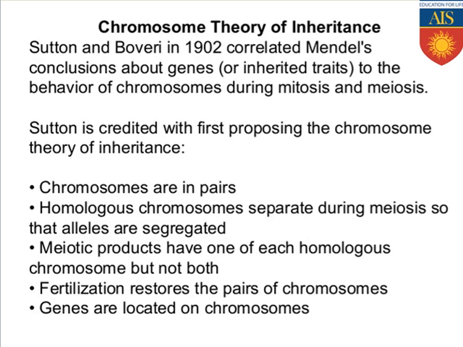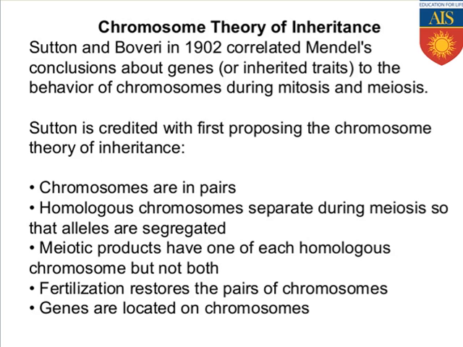Meiosis cell division produces one of each homologous chromosome but not both. Meiotic products means the gametes. Always keep it in your mind, the gametes contain a single homologous chromosome, not the pair, because during meiosis they have already segregated.